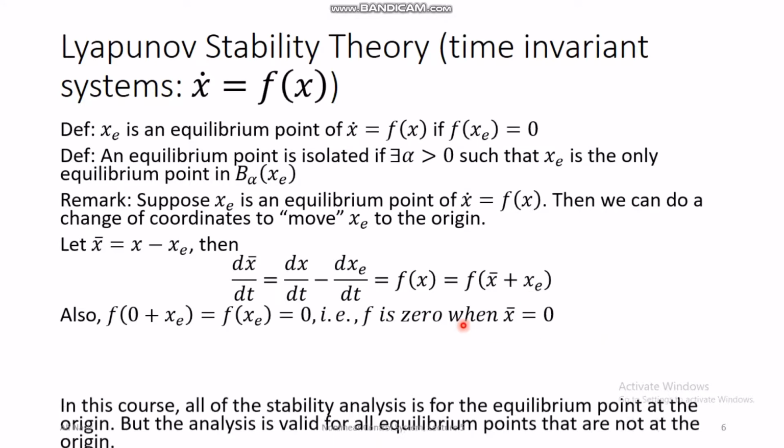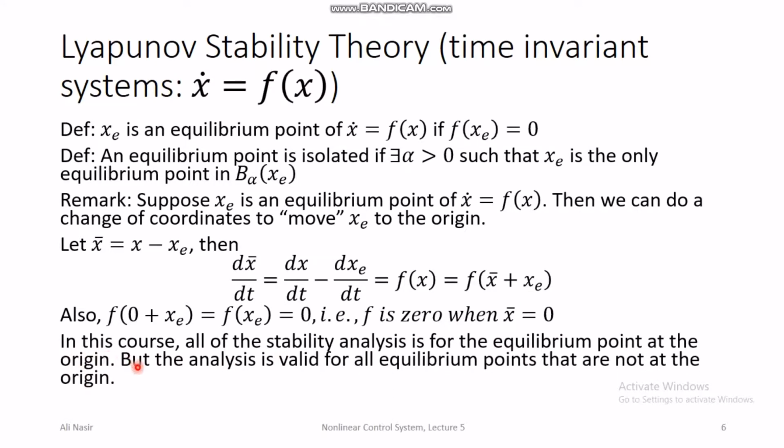So now in this course, all of the stability analysis is for an equilibrium point at the origin, but the analysis is valid for all equilibrium points that are not at the origin. Why? Because we can always shift the equilibrium point without any change in the differential equation. When we shift the equilibrium point from non-zero value to zero value, the f function remains the same.